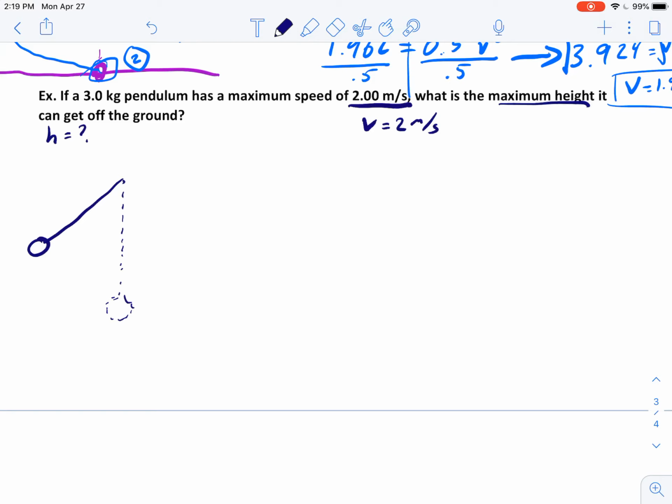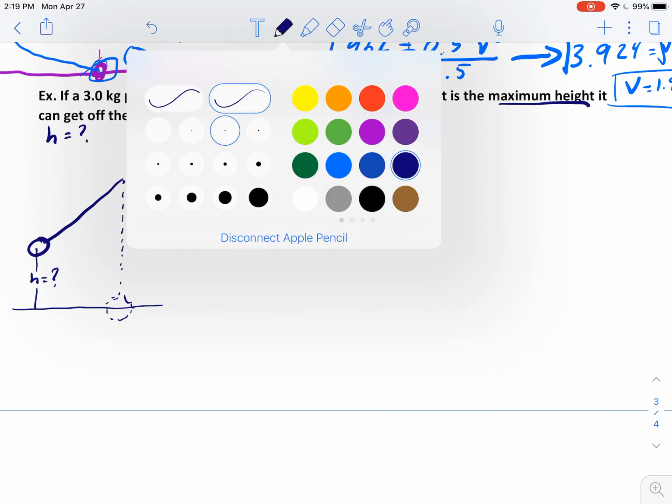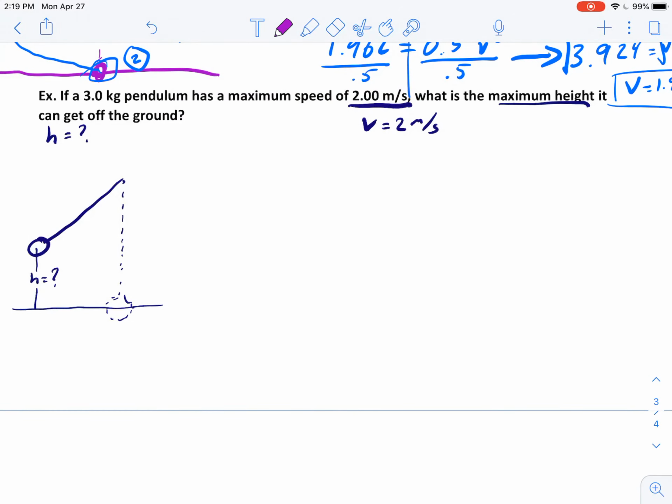We want to know, what is this height here? Well, we have two different points in time to look at again. We have one here, and we have one here. We know that the mechanical energies have to be the same. So EM1 equals EM2.